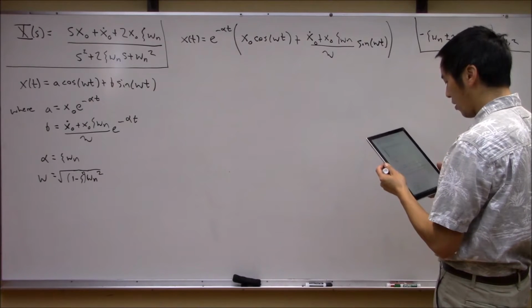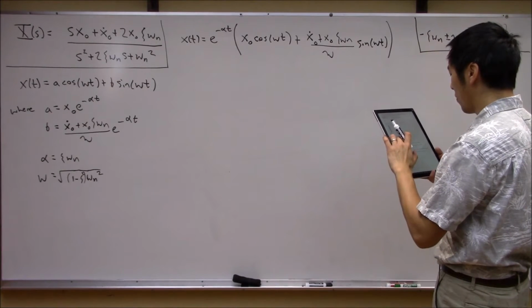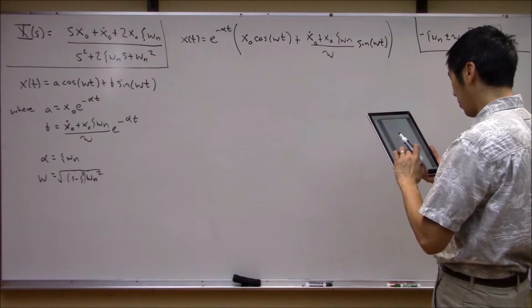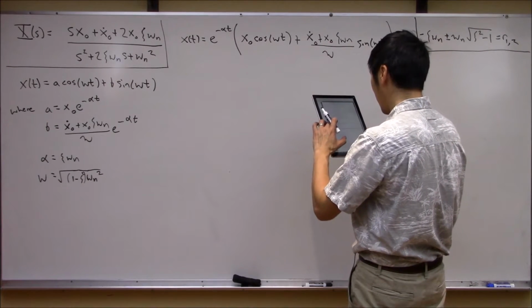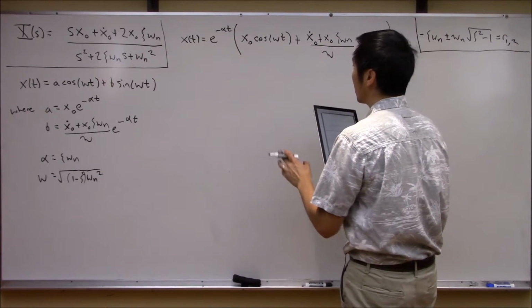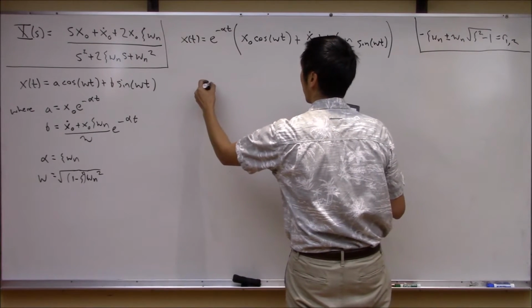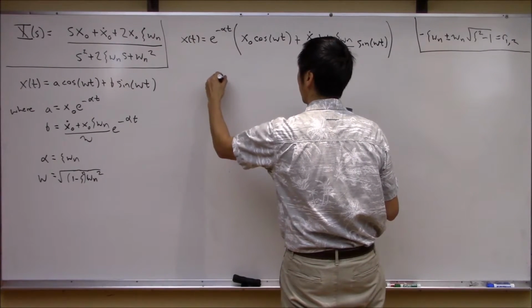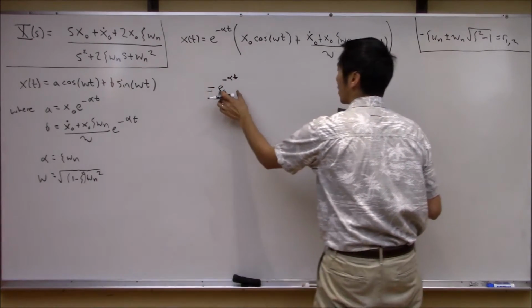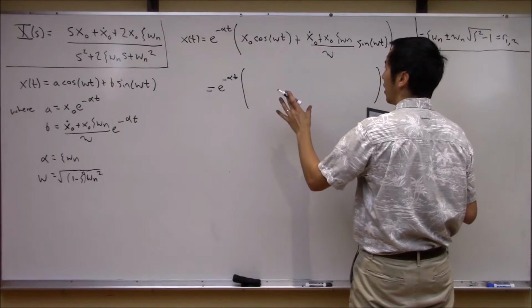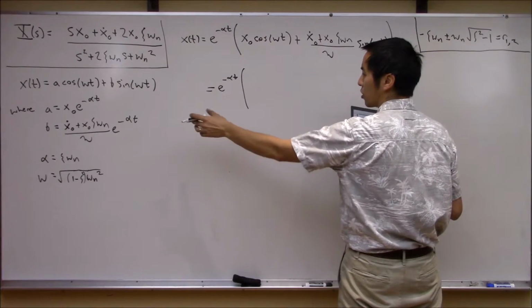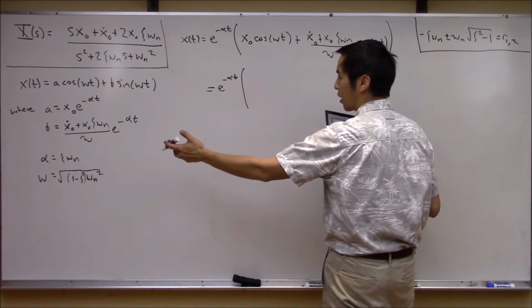Now we can get even more fancy with this. If you look at it long enough, it's basically e to the minus alpha t, a decaying exponential in front, and this thing inside. I hate to use this nomenclature, but I'm running out of symbols.